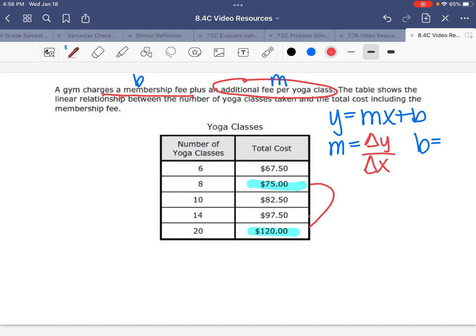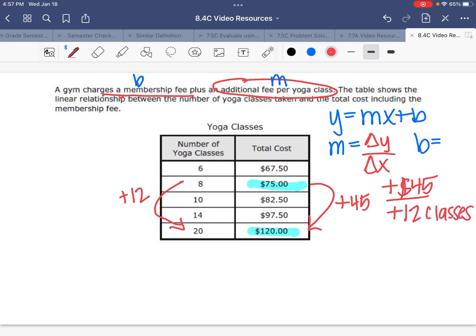So from 75 to 120, I have added $45. And as I added $45, I went from 8 classes to 20 classes, which means I added 12 classes. So when we look at that slope, that was an increase of $45 for an increase of 12 classes.